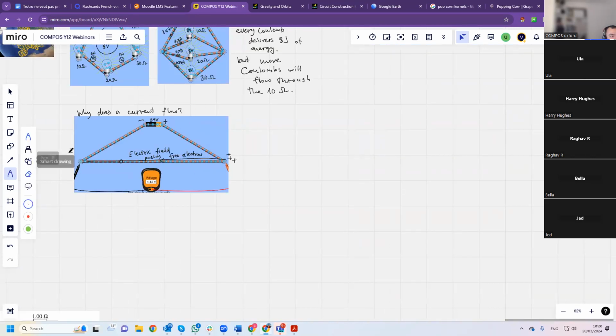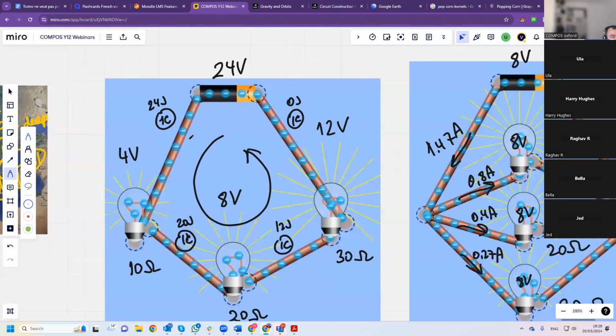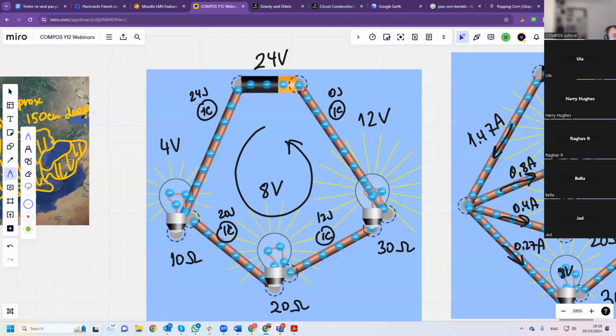When I say they come to the battery, they now have 0 joules, they might as well leave the battery with 30 joules, go down to 26 joules, go down to 18 joules, go down to 6 joules, and then go back to 30.